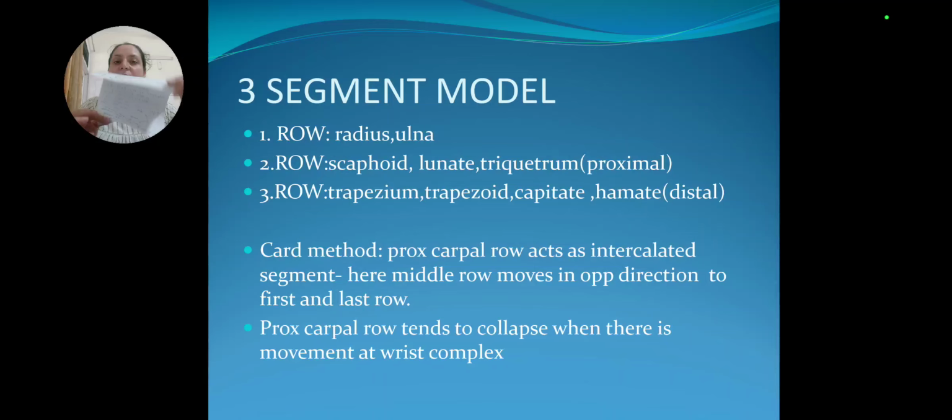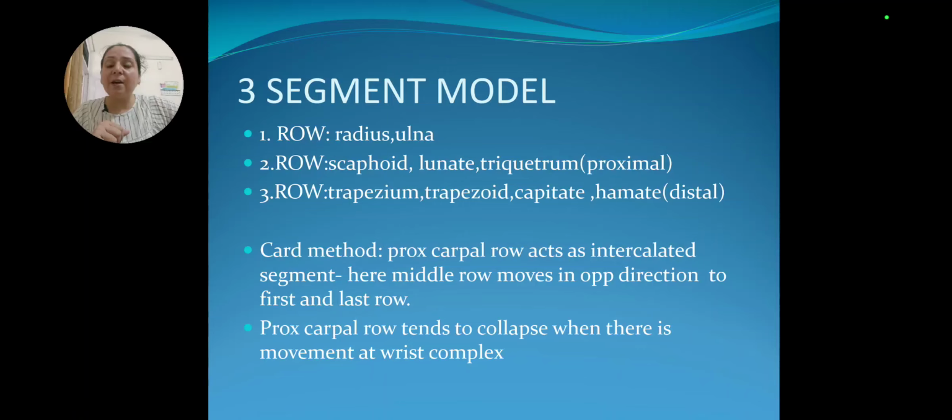The middle row needs to collapse so that this movement can take place, and this collapse of the middle segment is brought about by the movement of the scaphoid and lunate. The scaphoid needs to move in flexion and the lunate in extension so that this collapse can be controlled.